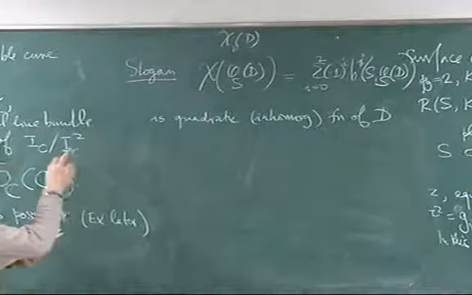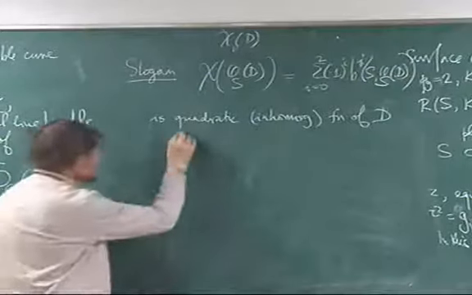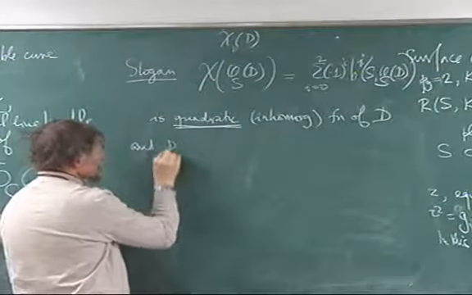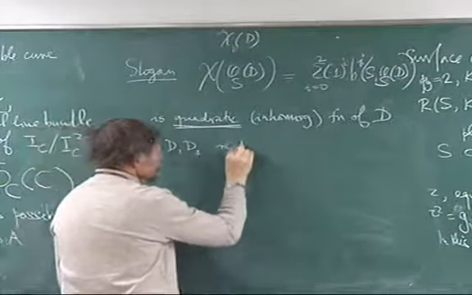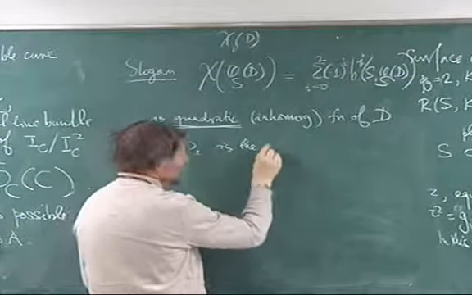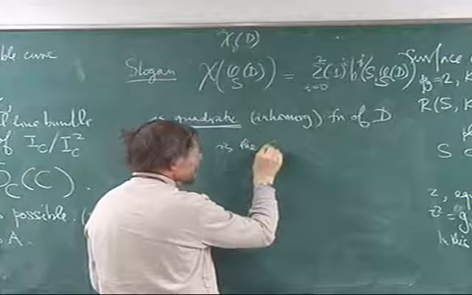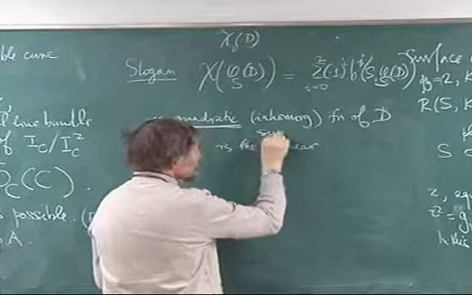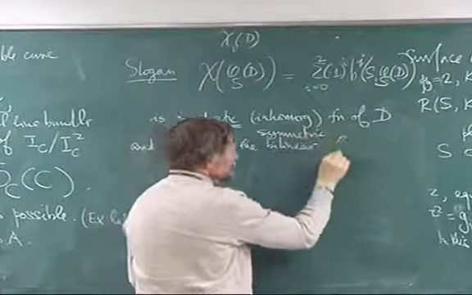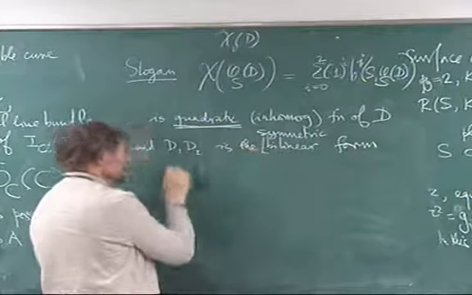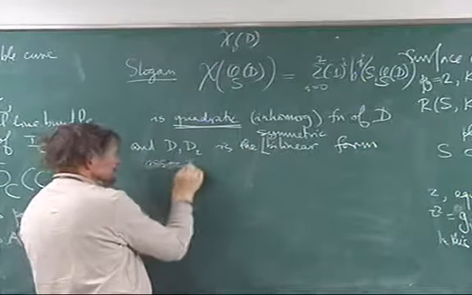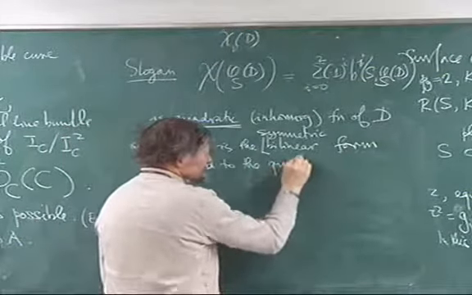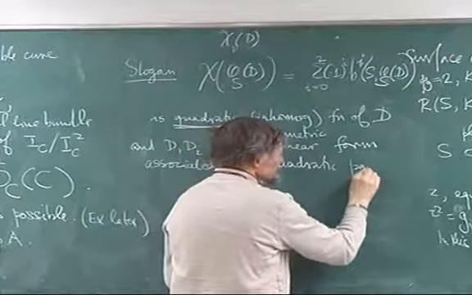But I don't want to worry about the exact statement here. I just want to say this is a quadratic function, and D1 . D2 is the corresponding symmetric bilinear form associated to the quadratic part.